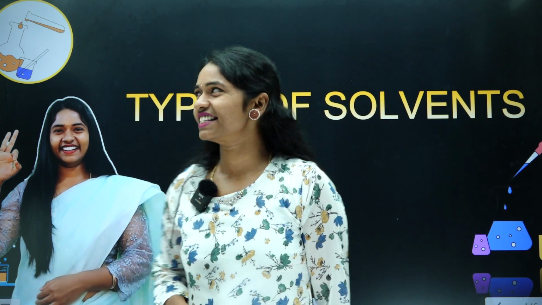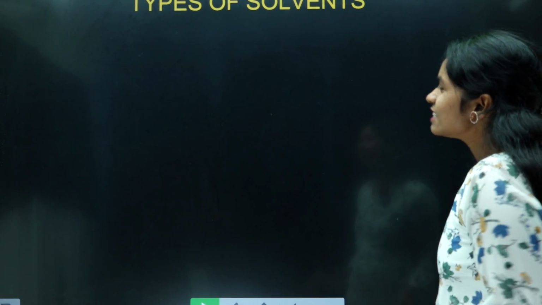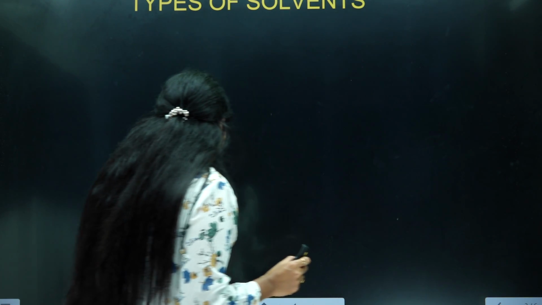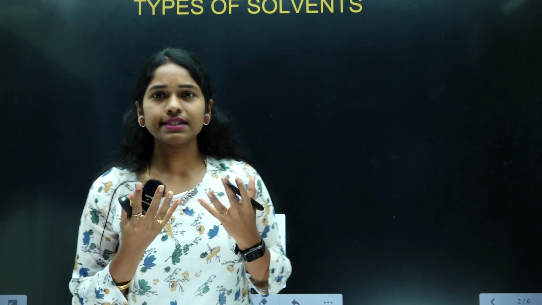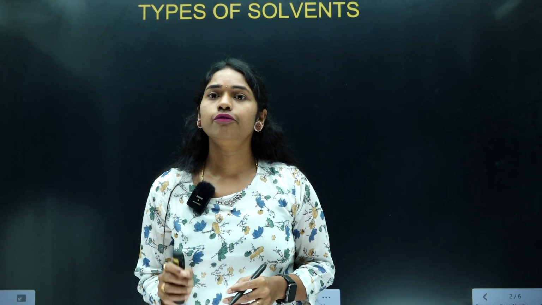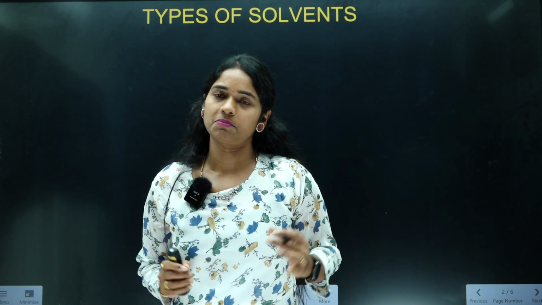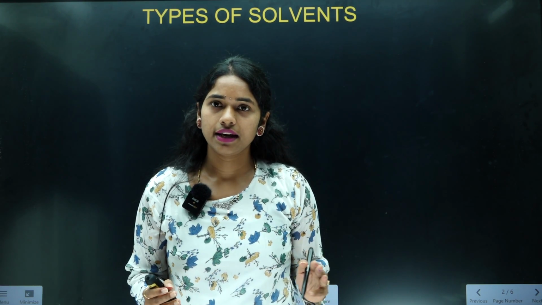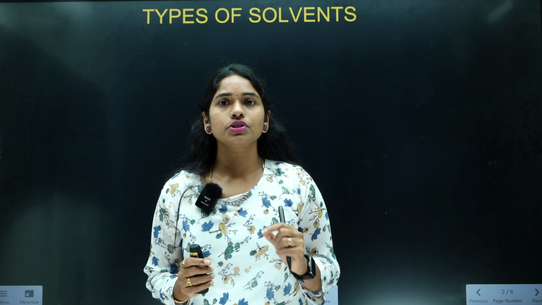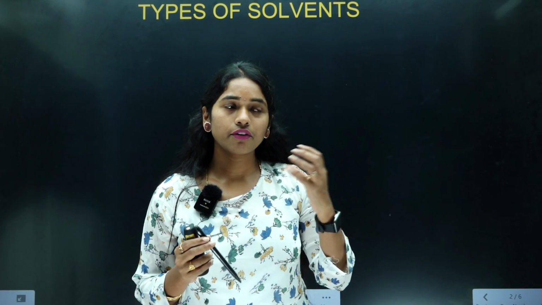Let's begin the session. What is a solvent? A solvent is a substance which is helpful to dissolve some other substance. For example, we are doing one organic reaction. Organic compounds are solids. If the organic compound is a solid, to do the reaction, first we have to dissolve that organic compound in a solvent to make a solution.